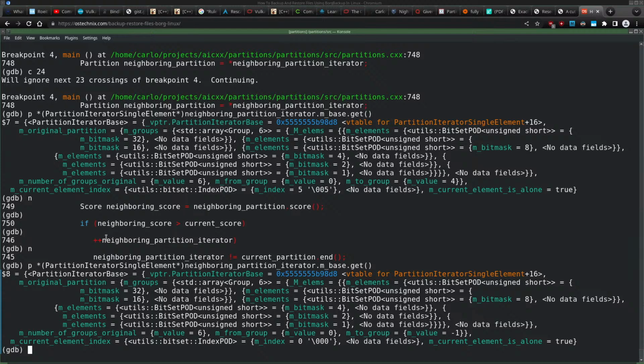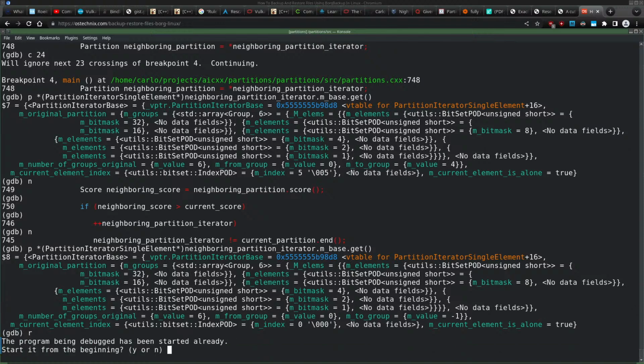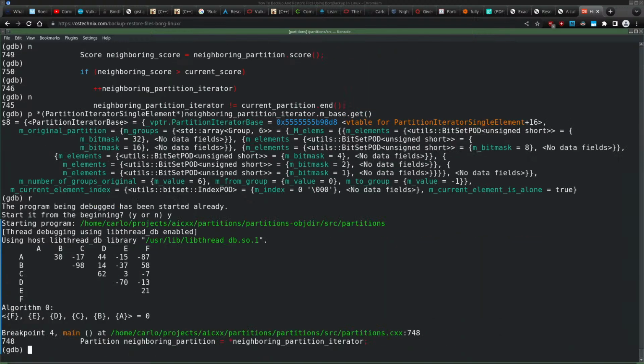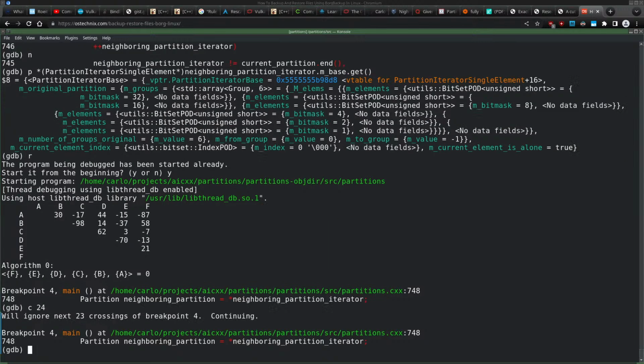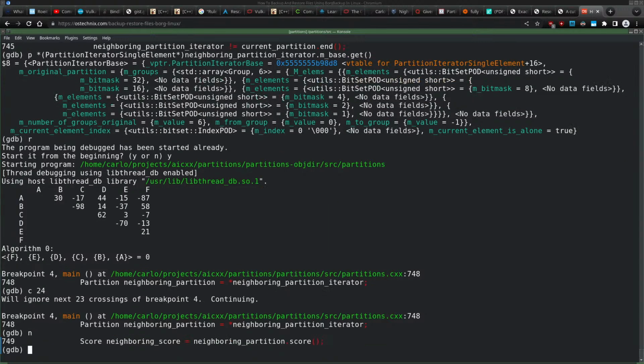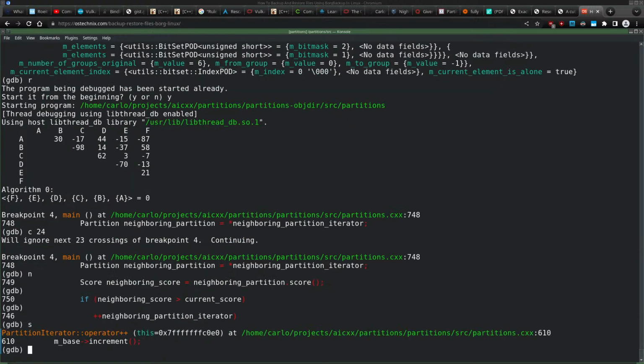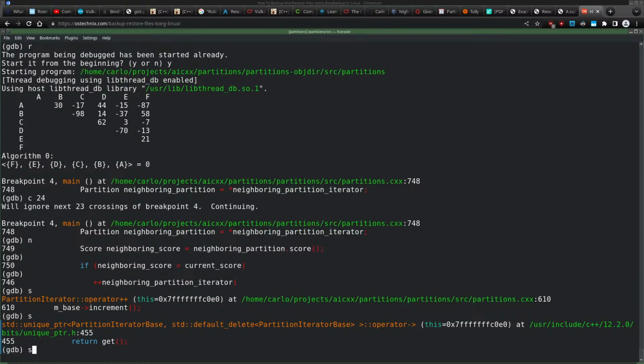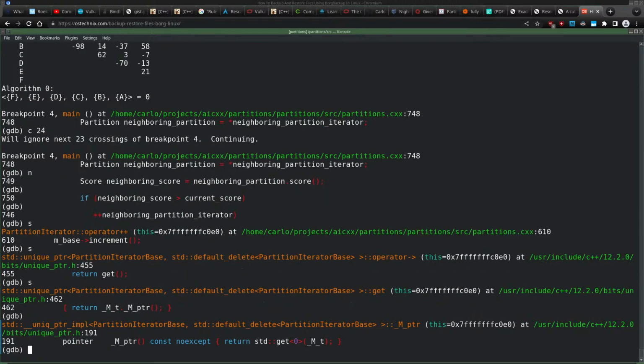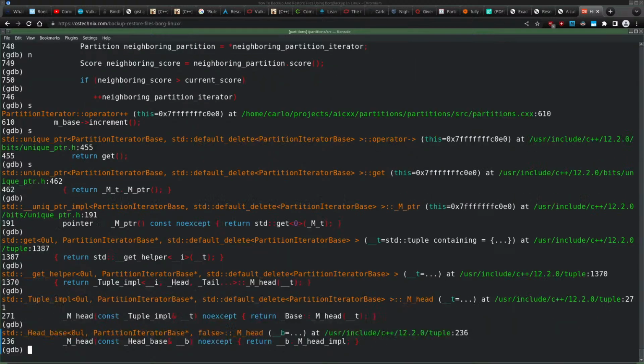So it goes wrong in this ++ iterator here. Try run again. Yes, continue 24, next, step, have to wait through this get.